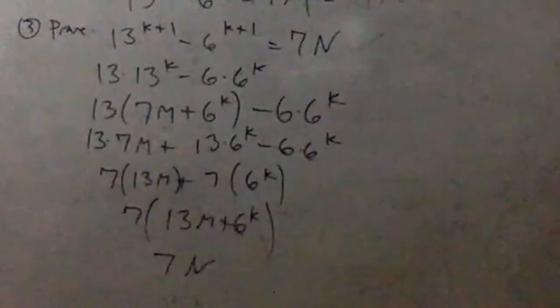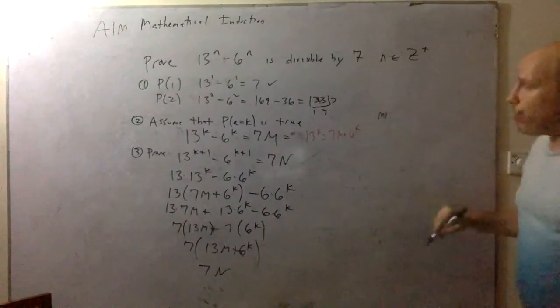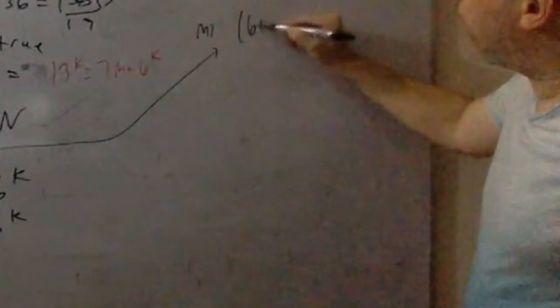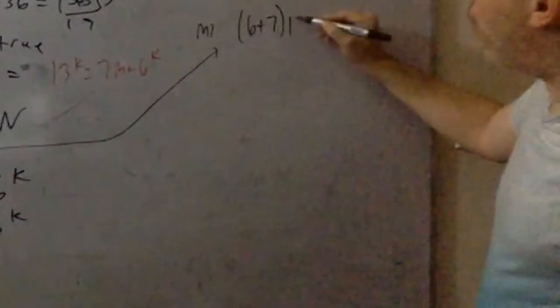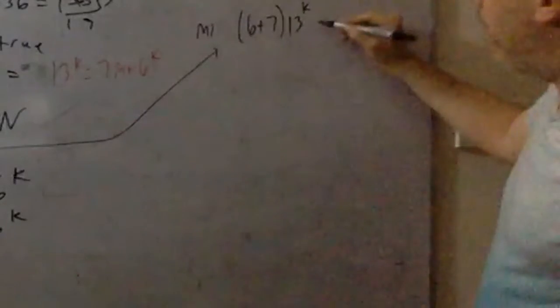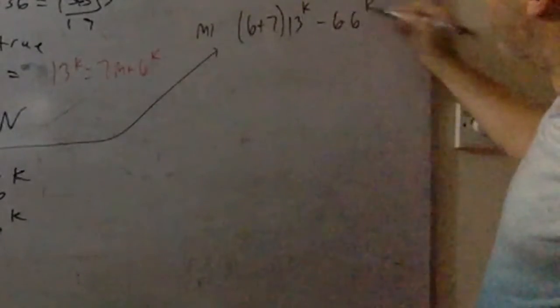So that's what you can do. Another technique, the way I used to do it, I guess maybe I'm changing it, is at this step, just rewrite 13 as 6 plus 7. 13^k minus 6 times 6^k.